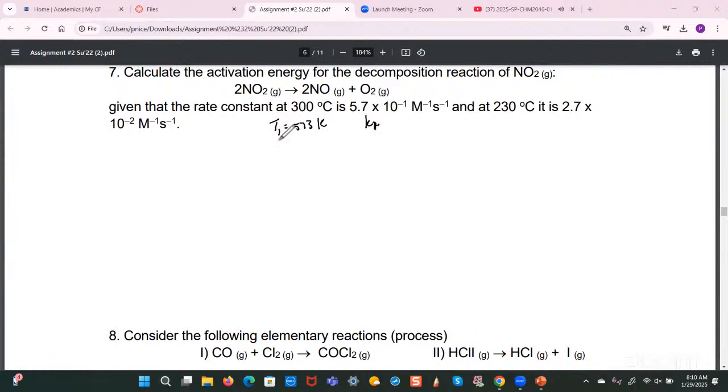This will be the rate constant when the temperature is 573. And then for T2, we have to add 273 to that. So 273 plus 230, and that gives you 503. So T2 would be equal to 503 Kelvin, and the corresponding rate constant is K2, which is 2.7 times 10 to the minus 2.